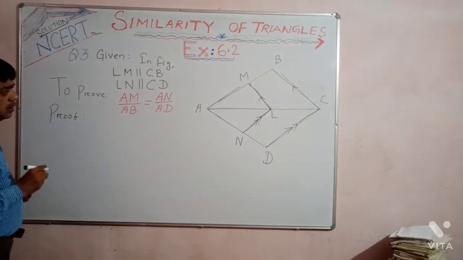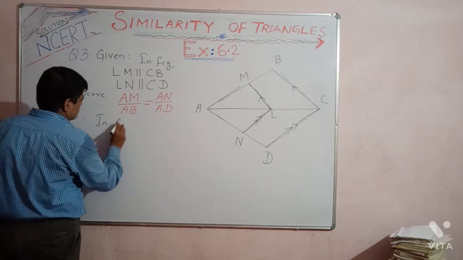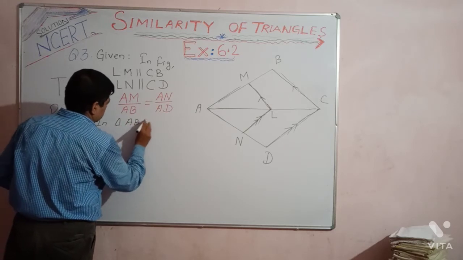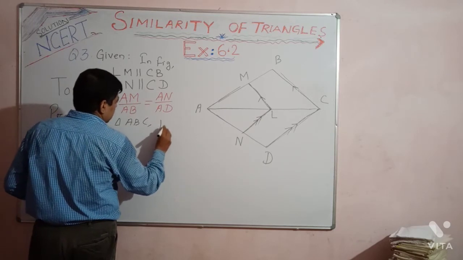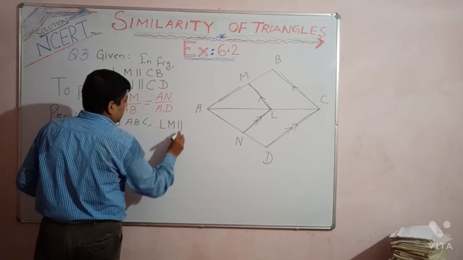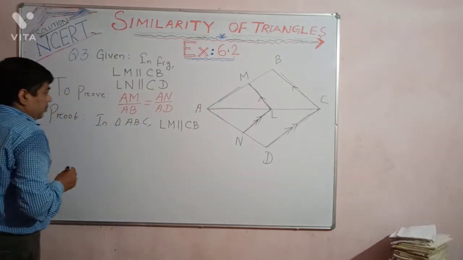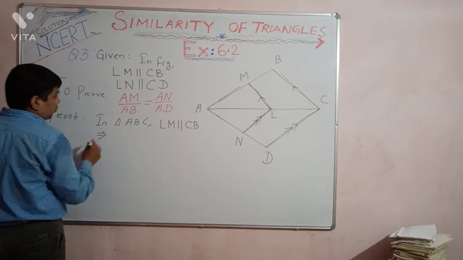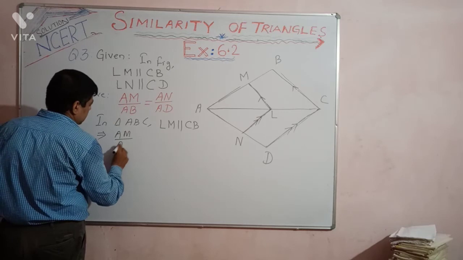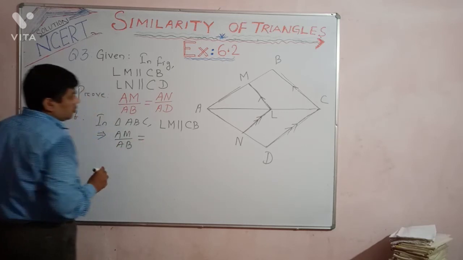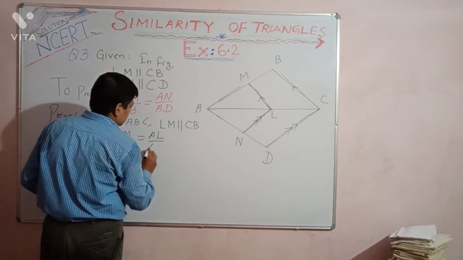Now you see in triangle ABC, LM is parallel to CB. It is given. Since LM is parallel to CB, you can prove that AM by AB is equal to AL by AC.